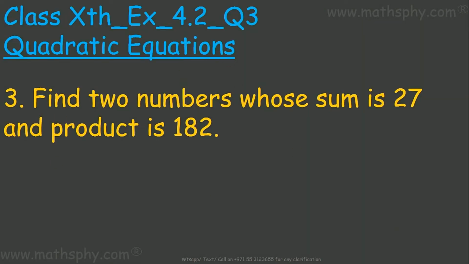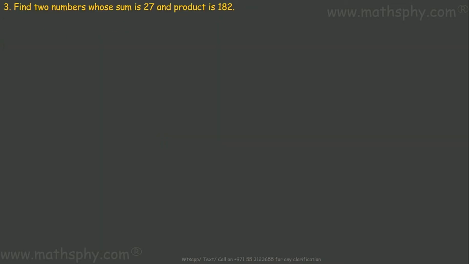This question says, find two numbers whose sum is 27 and product is 182. It says sum is 27. So if I write this way, say the first number is x, then the second number would be 27 minus x, since the sum of both the numbers is 27.